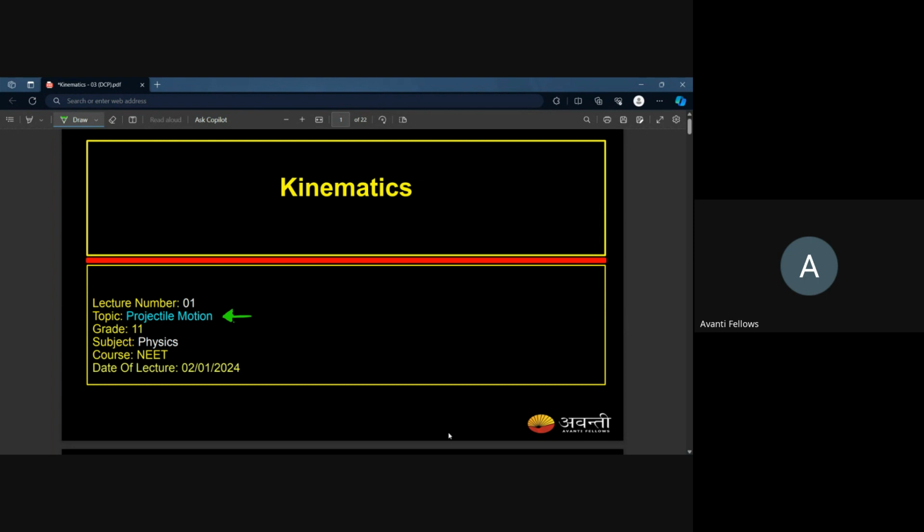There is no interference of the x axis in the y axis. Here I have the x axis and this one is the y axis. Whatever the motion is in the y direction, I can deal with it without involving x, and vice versa. So the independence of two dimensions is what we are going to study in today's lecture.